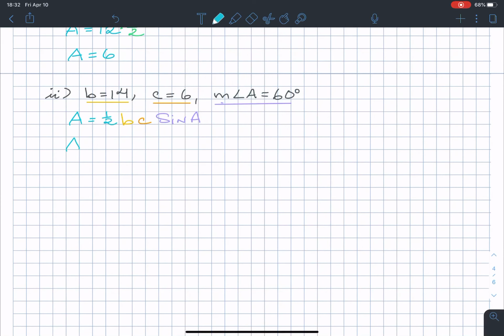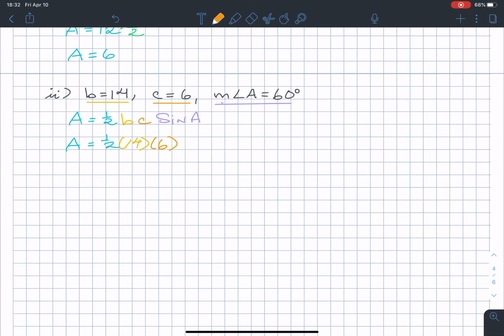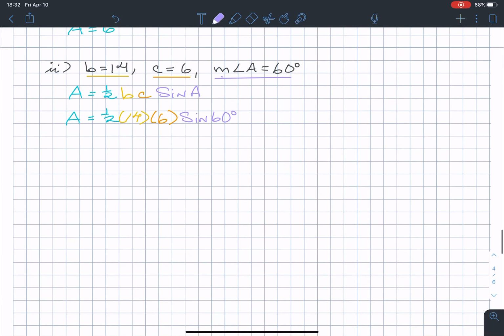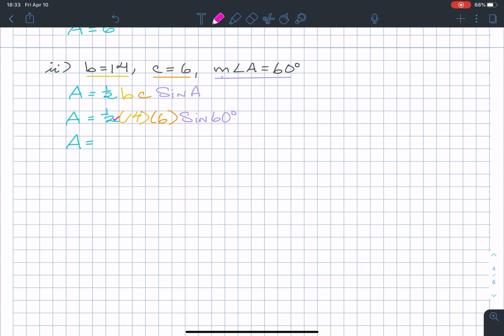Okay, so the area will be 1/2. b is 14. c is 6. And then sine of 60 degrees. So we have that the area will be, well, I know that 2 goes into 14 7 times.